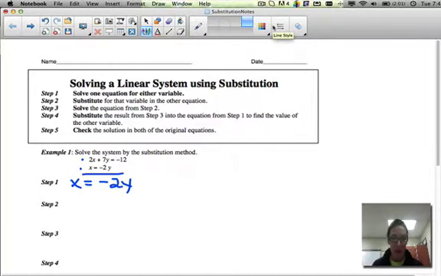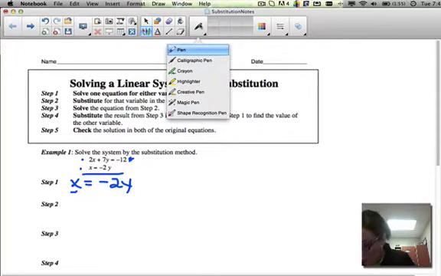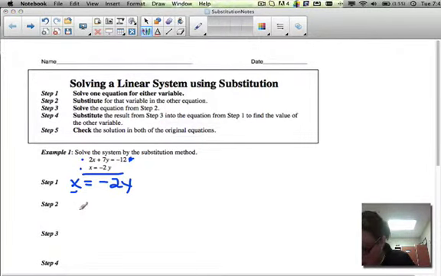Alright, so what that means is where there is an x in my other equation, I'm going to put negative 2y. Now by doing this, this is allowing me to only have one variable in the problem. So again, where there is an x, I am going to put negative 2y.